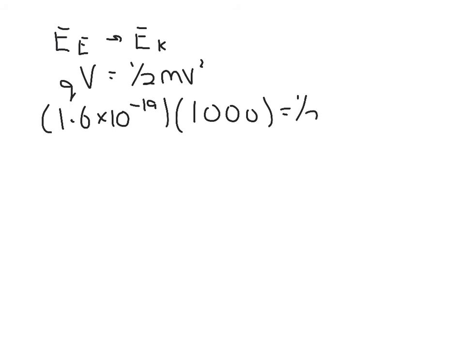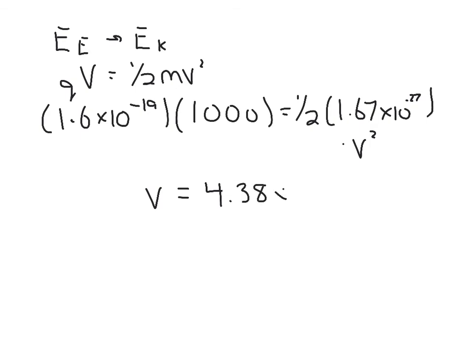Equals 1/2. The mass of a proton is that 1.67 number. That's multiplied by v squared. Now that's a little bit messy, but you do some algebra and flip things around. When we get to v, after rounding it off, it's approximately 4.38 times 10 to the 5.